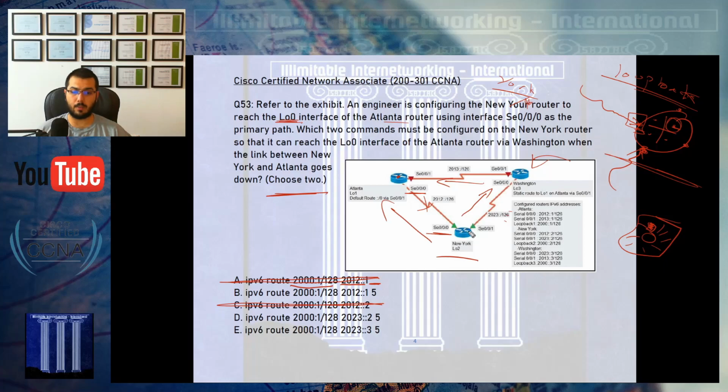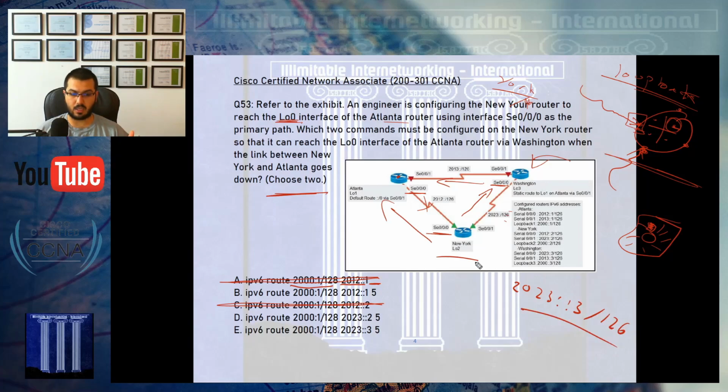So step number 1, I need to check the IP address of serial 0/0/0 of this router and use it as my destination. For reaching from New York to Washington, this is Washington, this is serial 0/0, it has the IP address of 2023::3/126.